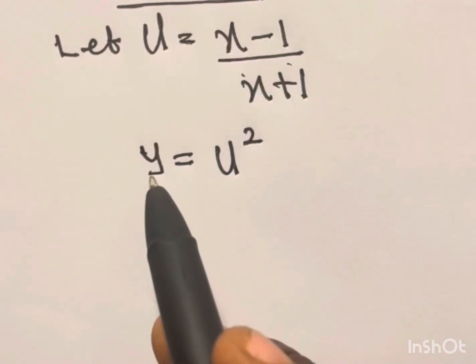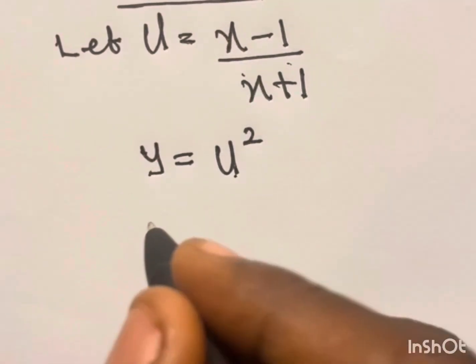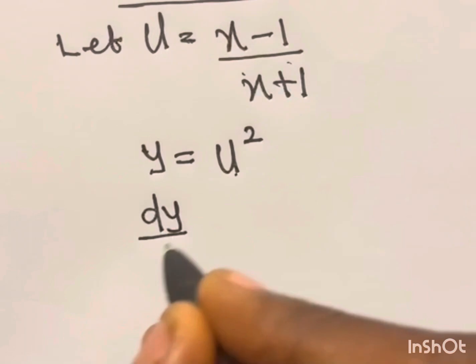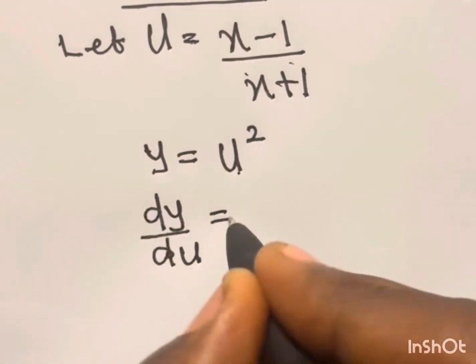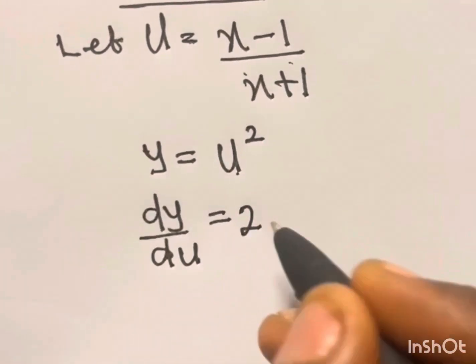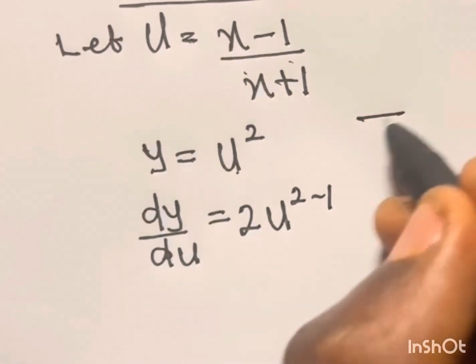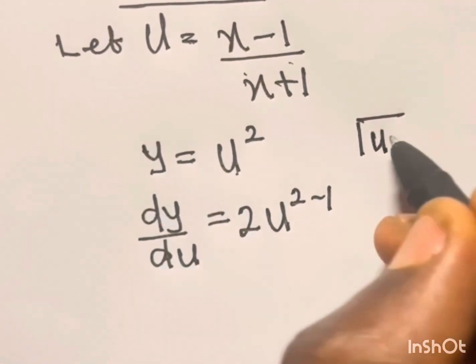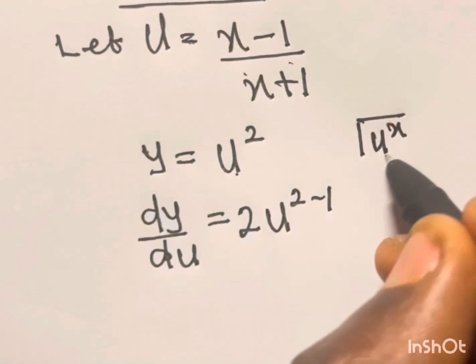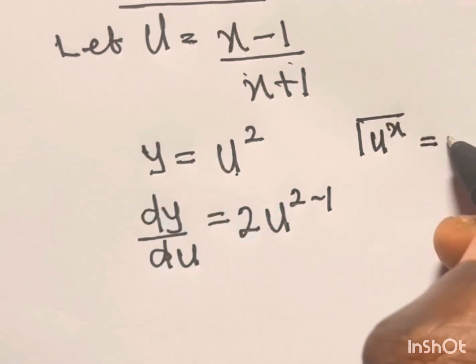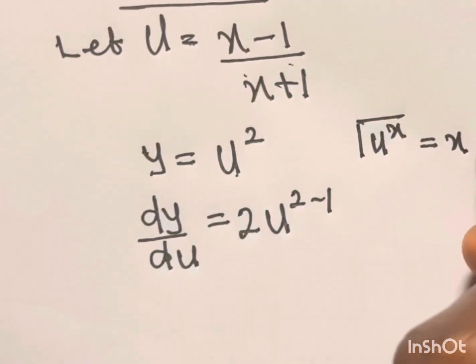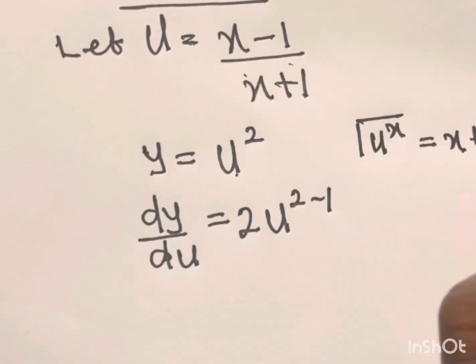Now we differentiate y with respect to u. We have dy over du equal to 2 times u to the power 2 minus 1. Whenever we have u raised to the power n, the derivative is n times u to the power n minus 1.